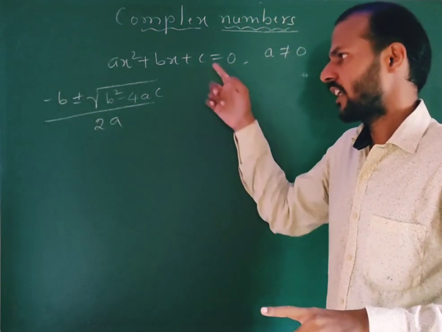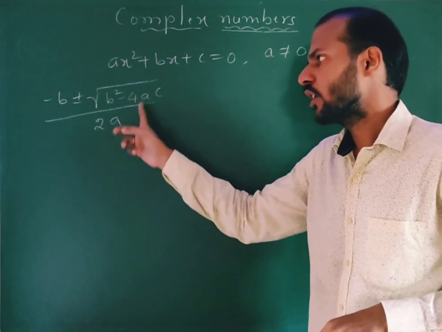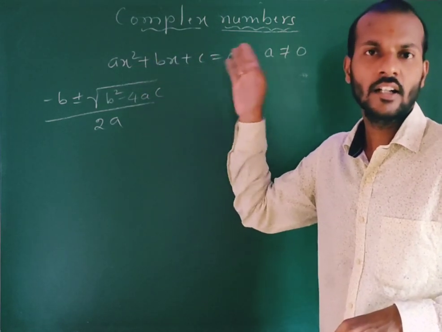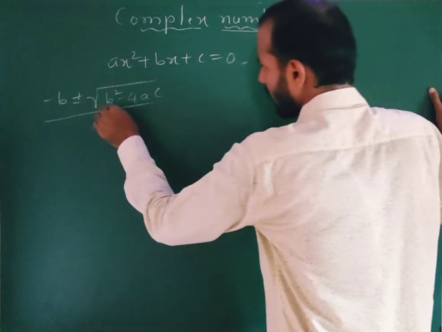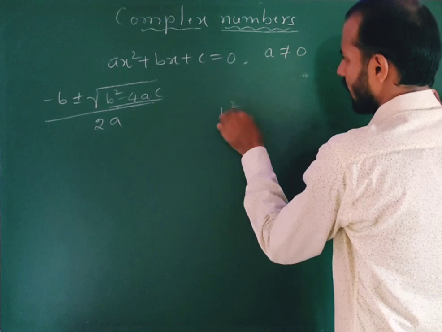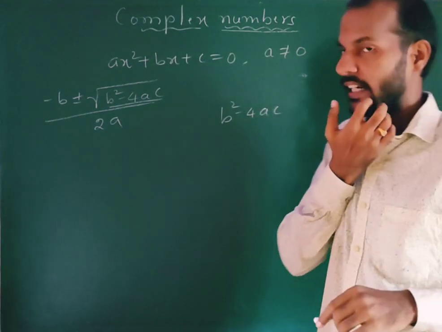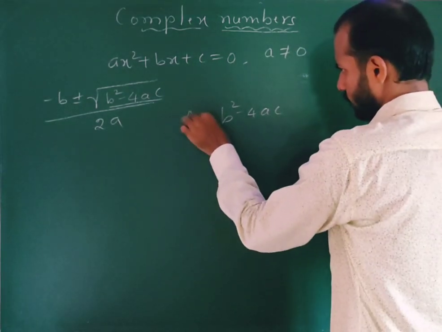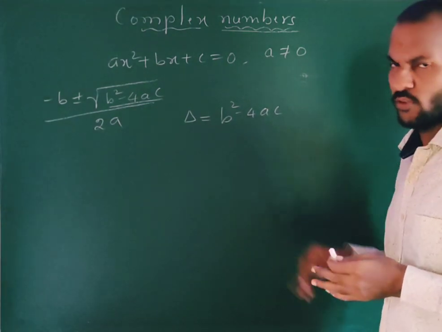Whether we solve the quadratic equation by factorization method or by root formula, we can find the roots of the given quadratic equation, where b square minus 4ac is called a discriminant, right? Which is usually denoted by delta or D, discriminant value b square minus 4ac.